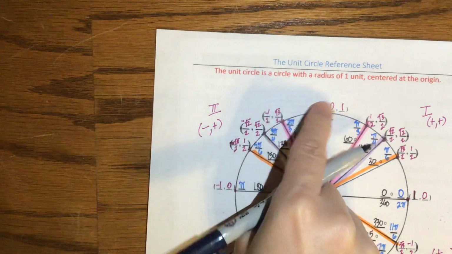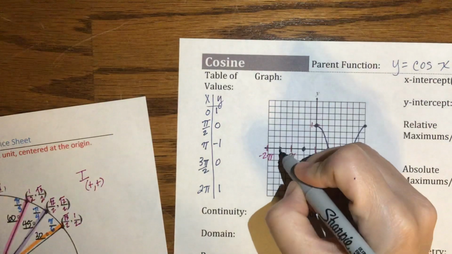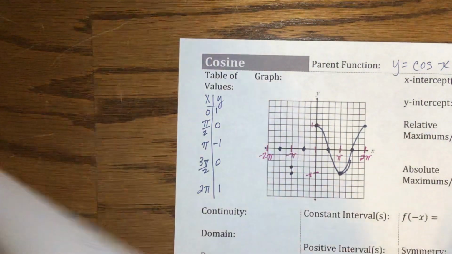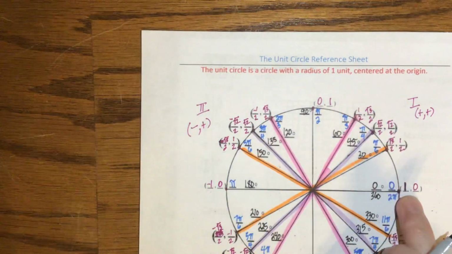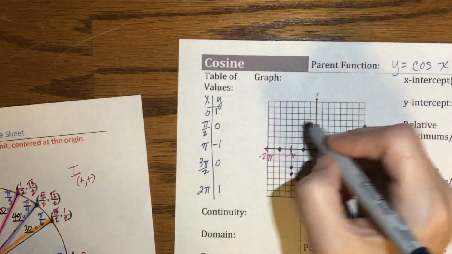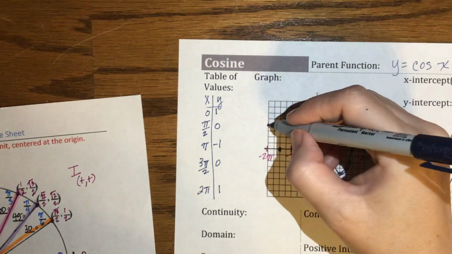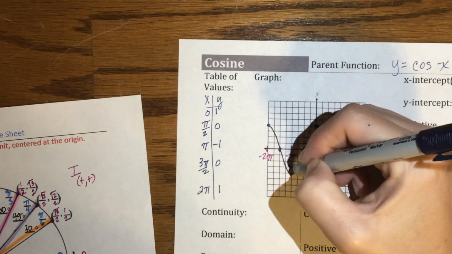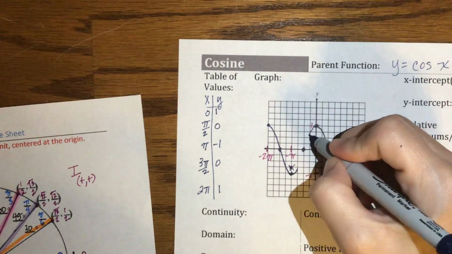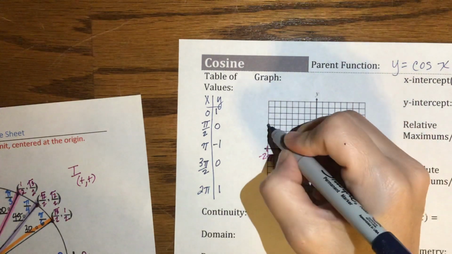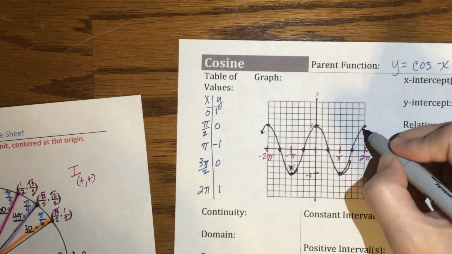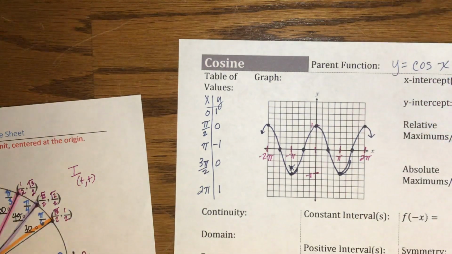Negative 3 pi over 2, 0. And then negative 2 pi, 1. Ignore that point. I just graphed a point wrong. So this would come back down. This would come back down.